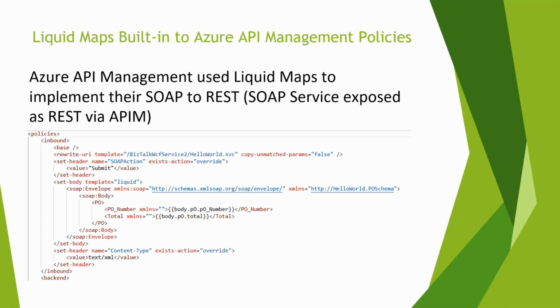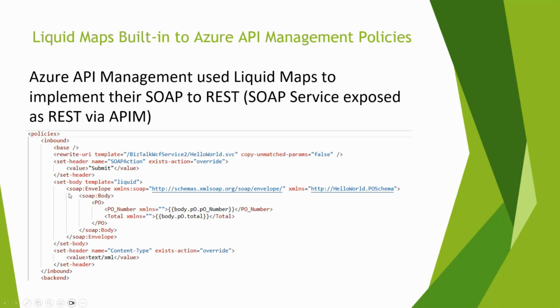I've had a couple of requests the opposite direction. They have an old service that only calls SOAP, but they're building the new service, which is REST. I actually haven't done it, but it will be easy to do based on these templates.